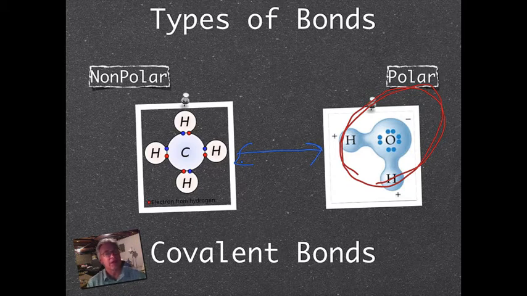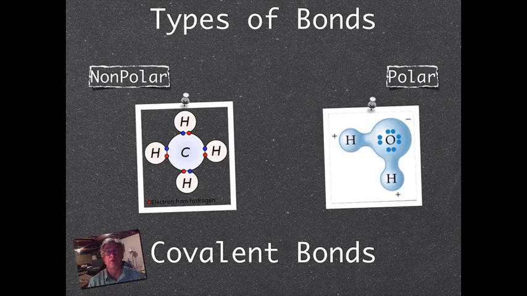Like we talked about trying to mix oil and water together, it's the same kind of situation. The oil type is like this nonpolar bonding versus the polar bonding. For these things to mix, they have to be of like bonds. So that's what a covalent bond is. It's about sharing, some evenly, some unevenly.